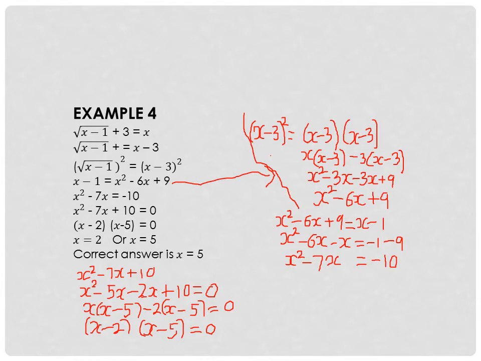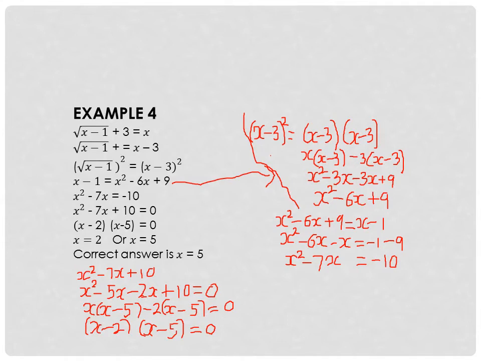So x times x will give us x to the power 2, and x times negative 3 will give us negative 3x. Then we take negative 3 will multiply what is inside the bracket at the right. So negative 3 times x will give us negative 3x, and negative 3 times negative 3 will give us positive 9.